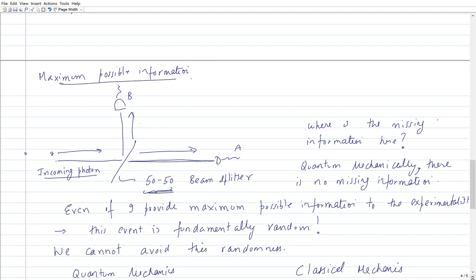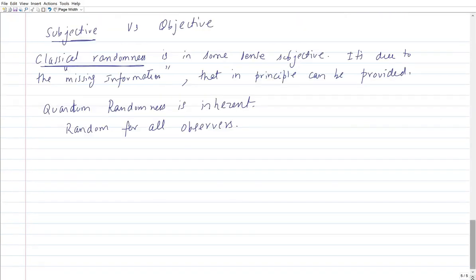I won't be able to predict which of the detectors A or B is going to click. Randomness is unavoidable. So let's explore this more with our photon and a beam splitter.